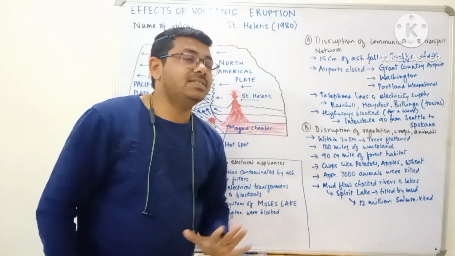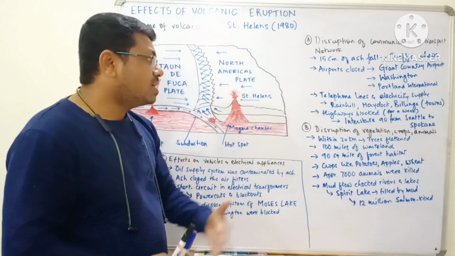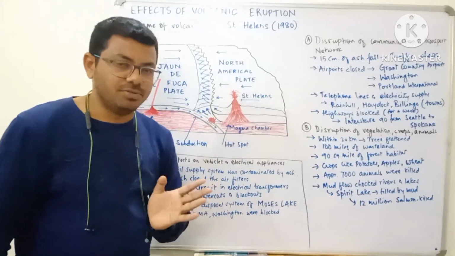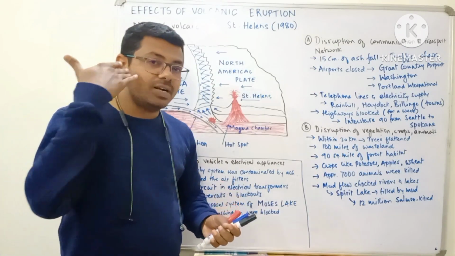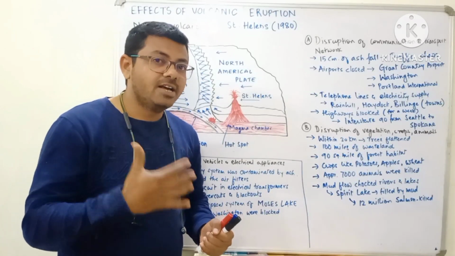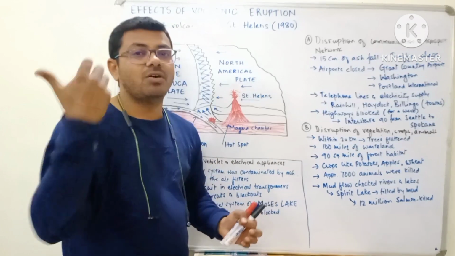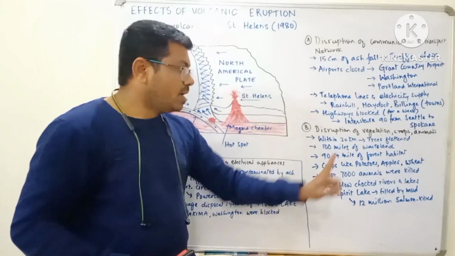Then telephone lines and electricity supply were also halted. In Rain Hill, Haddock and Billings, these three towns, telephone lines were not working and electricity supply was also halted because of the effect of volcanic eruption on the supply system. Highways were blocked.